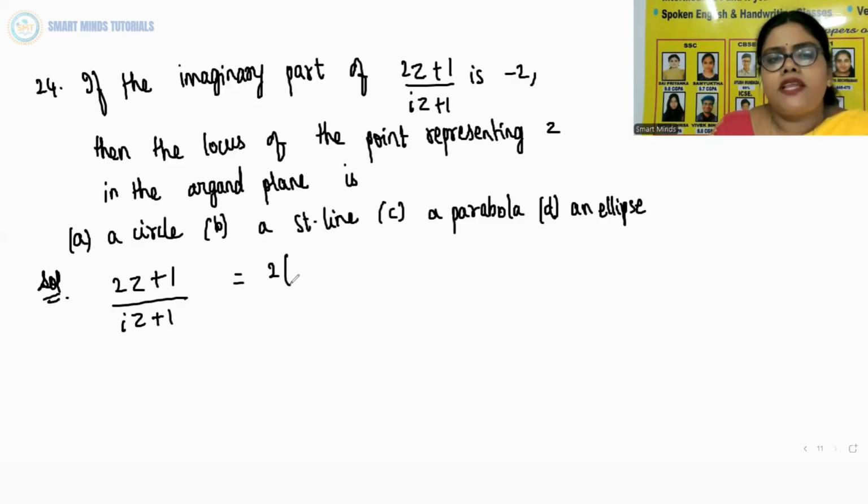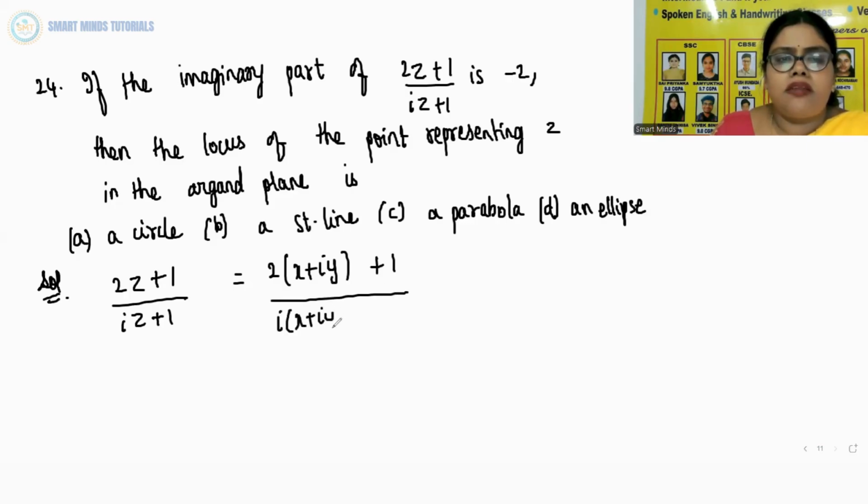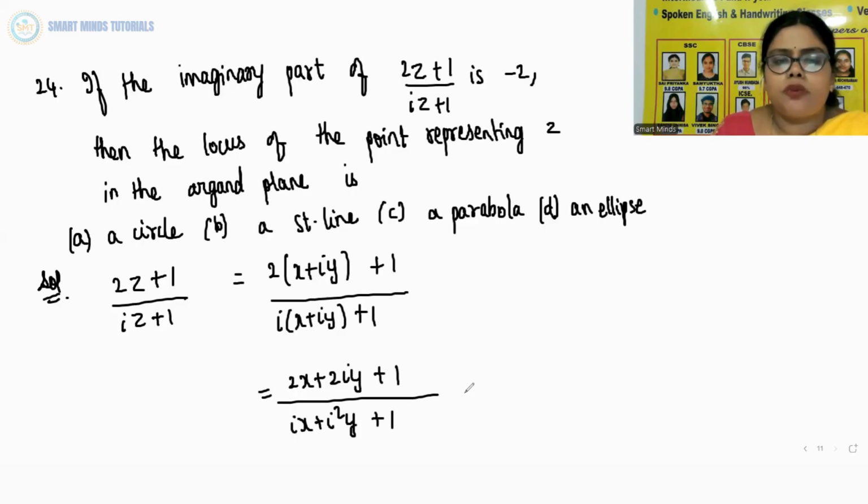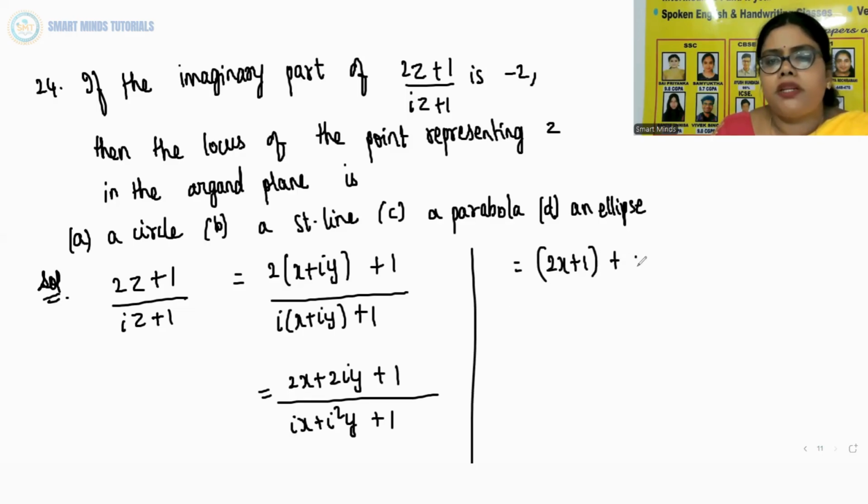In the place of z, let us put x plus iy: 2 into (x plus iy) plus 1 by i into (x plus iy) plus 1. Now multiply: 2x plus 2iy plus 1 by ix plus i square y plus 1.